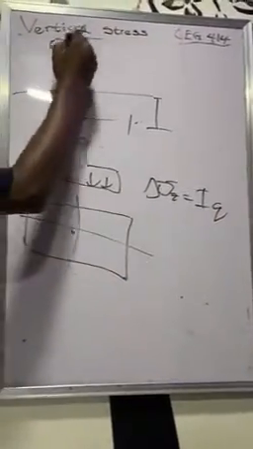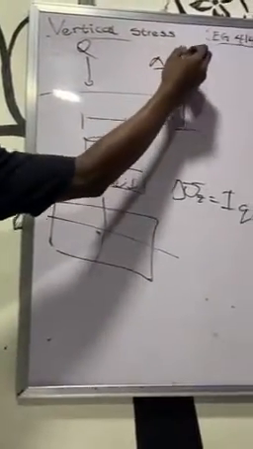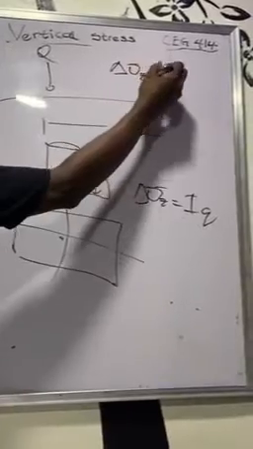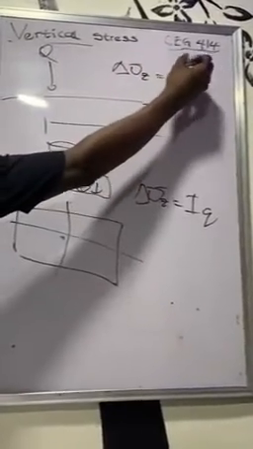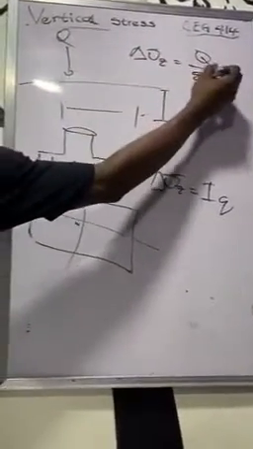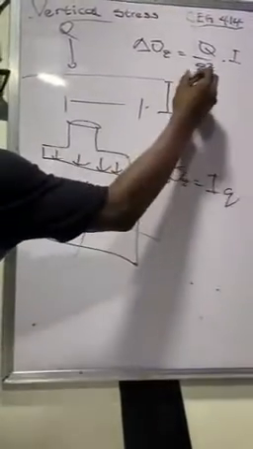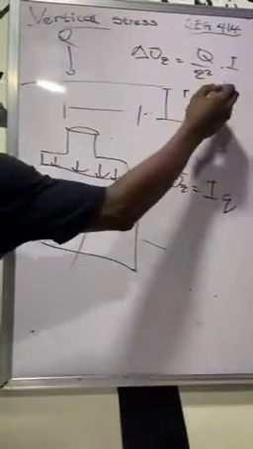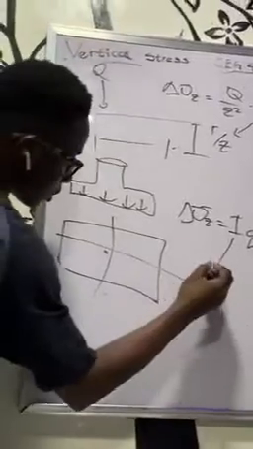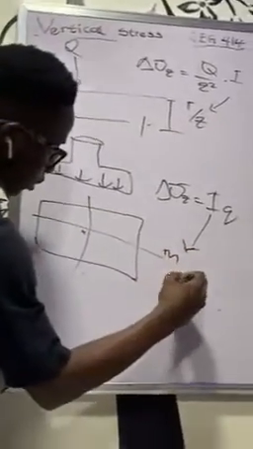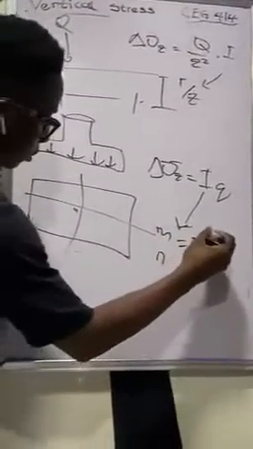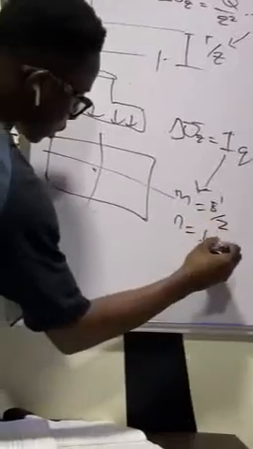For this point load, our change in vertical stress is Q over Z squared multiplied by I. The I here is dependent on R over Z, while the I here is dependent on M and N, where M is B prime over Z and N is L prime over Z.